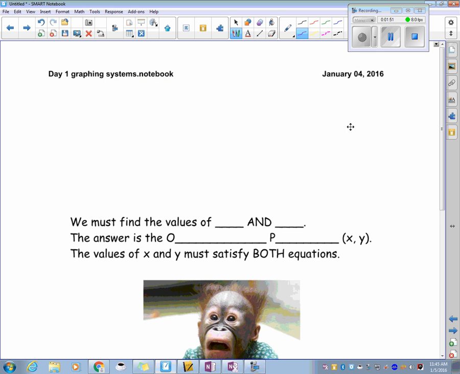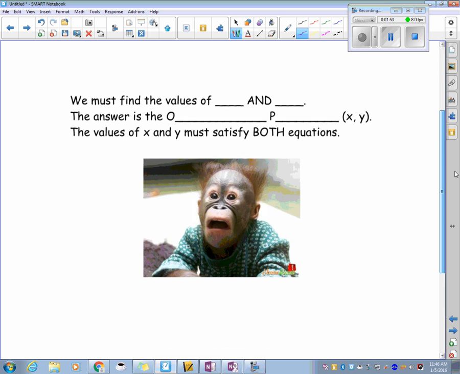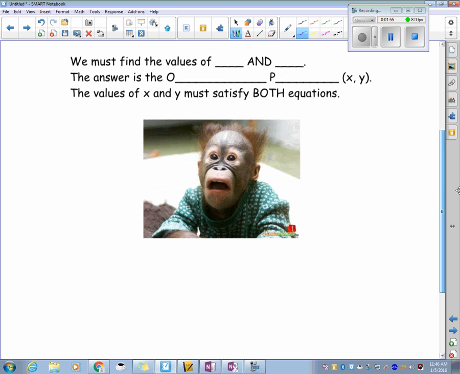So when we find the values of x and y, we find the answer. And the answer is written as an ordered pair, (x, y).